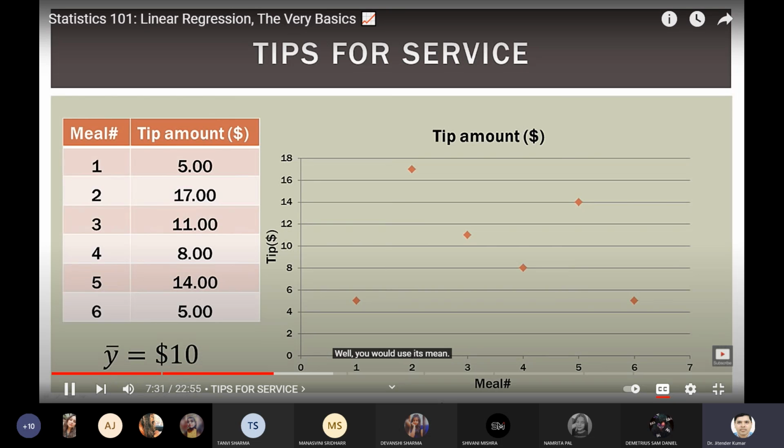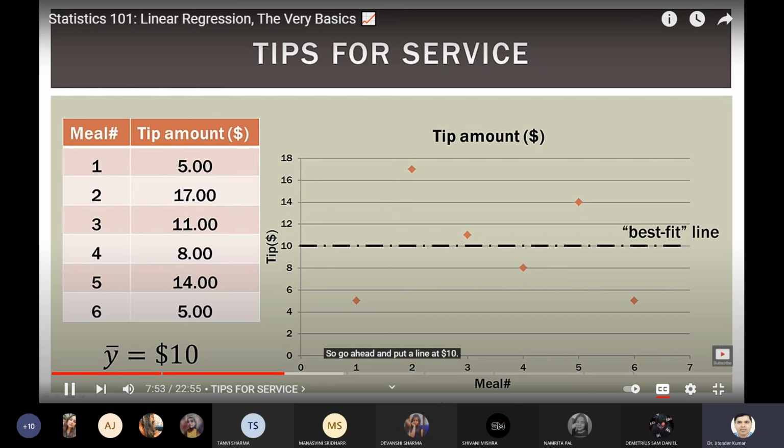Well, you would use its mean. So the mean for all 6 tips is $10. So guess what? That's the best we can do. With only one variable, the best estimate or the best prediction for any given meal tip is $10.